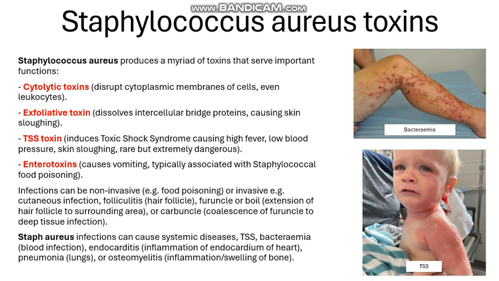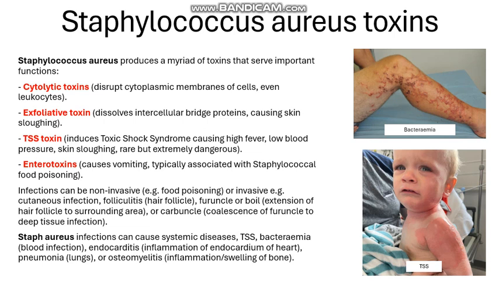Infections can be non-invasive, for example, food poisoning, like we said, or invasive, as with cutaneous infection, which is infection through the skin, folliculitis, infection through a hair follicle, a furuncle or a boil, which is an extension of a hair follicle infection, so the folliculitis that we just mentioned, but the infection extends to the surrounding tissues, causing swelling and inflammation, and it's kind of a big pus-filled wart that doesn't look particularly nice.